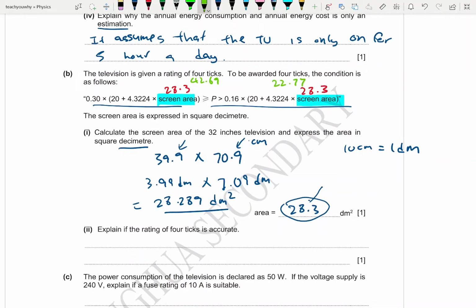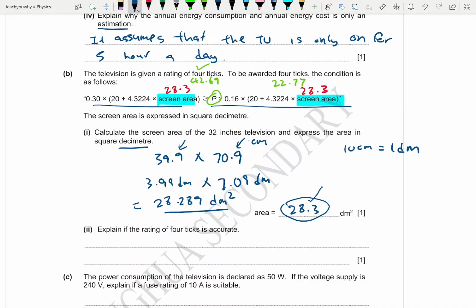Okay, so what is the condition? The condition says that if your power is greater than 22.77 but smaller than 42.69, you belong to 4 ticks.